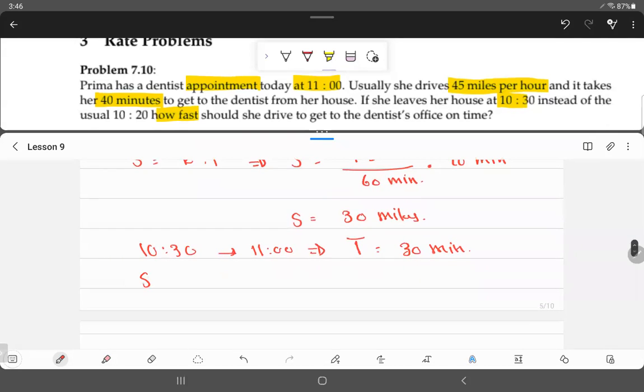We know that S equals R times T. So the rate is equal to S over T, right? And we have 30 miles divided by 30 minutes, which is half an hour.